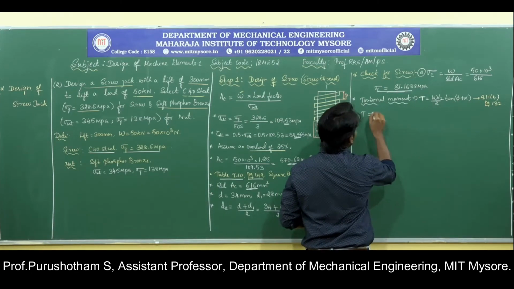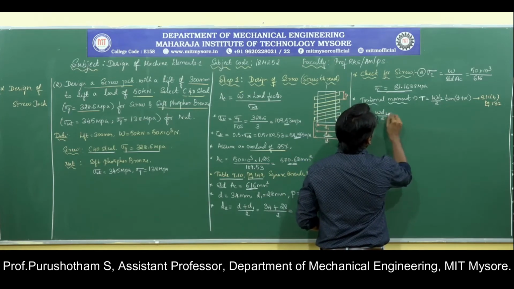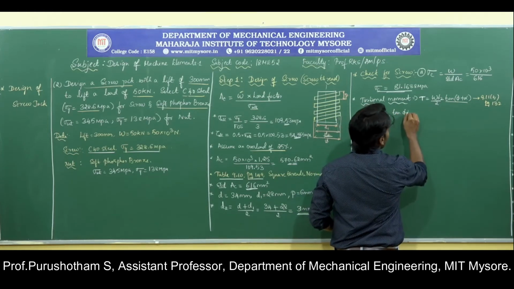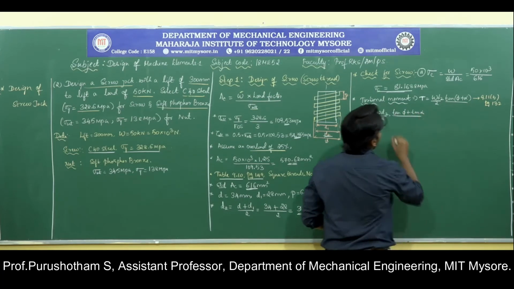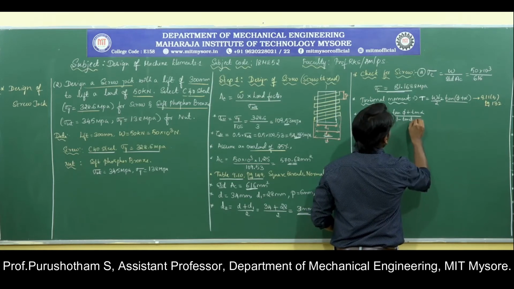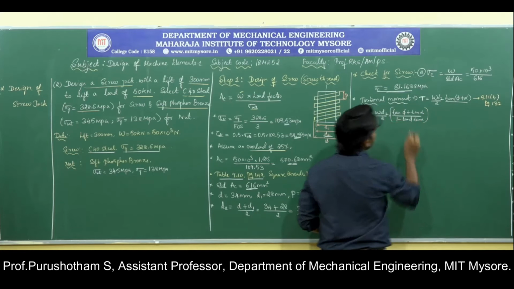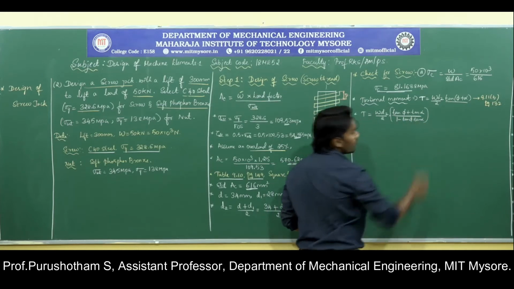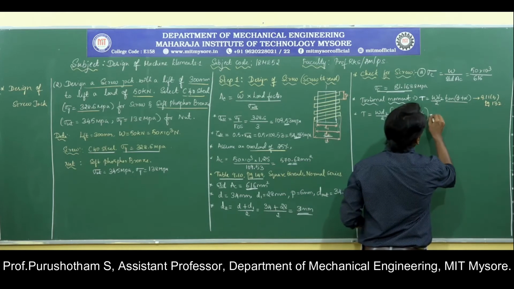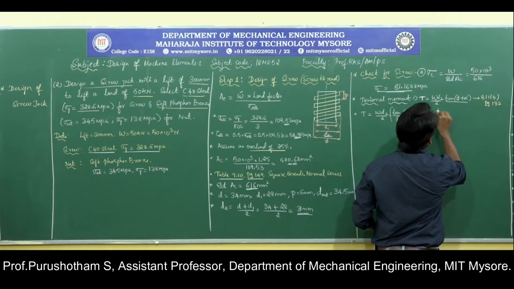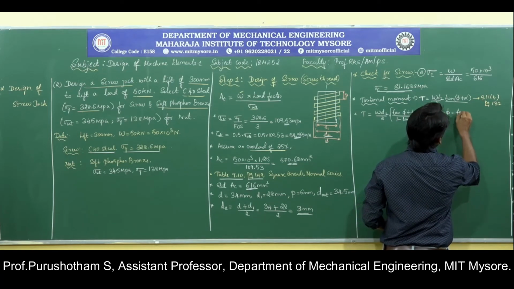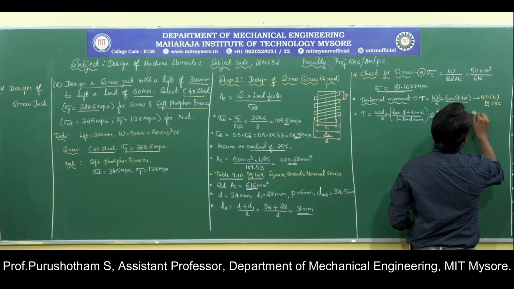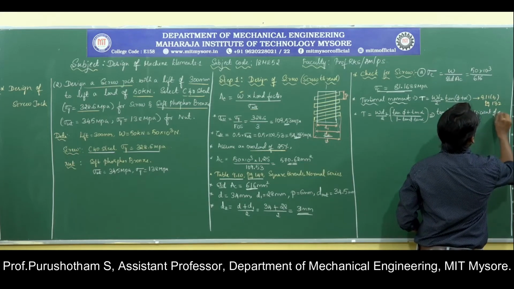Then tan of A plus B, which is given by tan A plus tan B divided by 1 minus tan A into tan B. Here, tan phi, which is equal to F, that is the coefficient of friction.